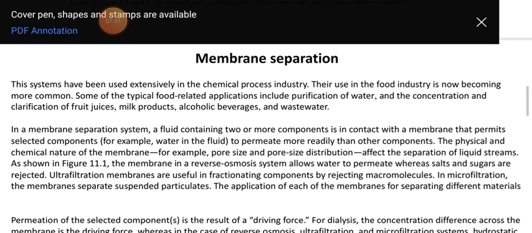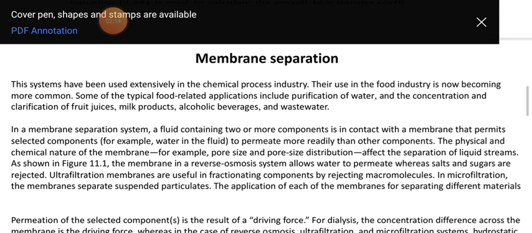After preparation, when we finally pour the tea, the tea gets separated into the cup, and the waste material, the tea leaves, are all retained over the surface. These tea leaves are the retentate, and the tea which you will drink is the permeate. So this is the process of separation.